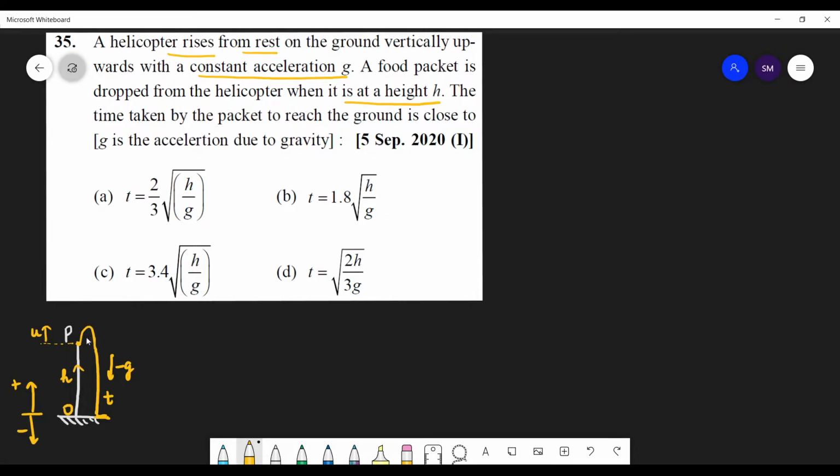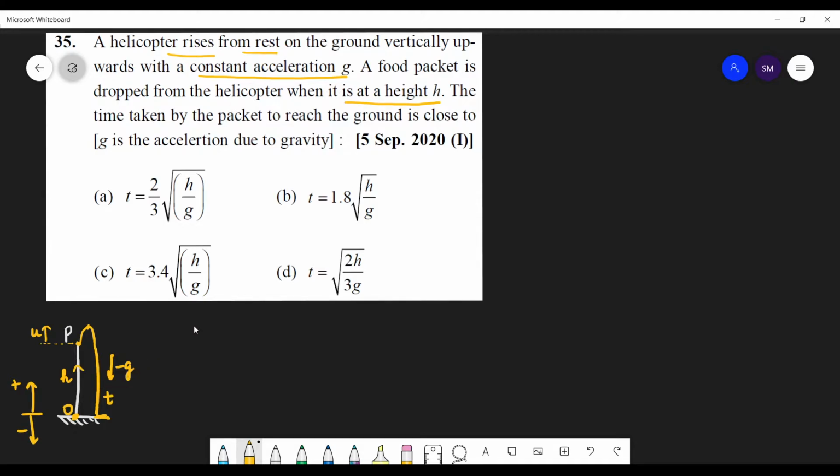Okay, and now it will go up, and its velocity will be 0, and then it will start coming down. So here we are assuming, let us take the ground here as origin, and upward direction positive, downward direction negative.